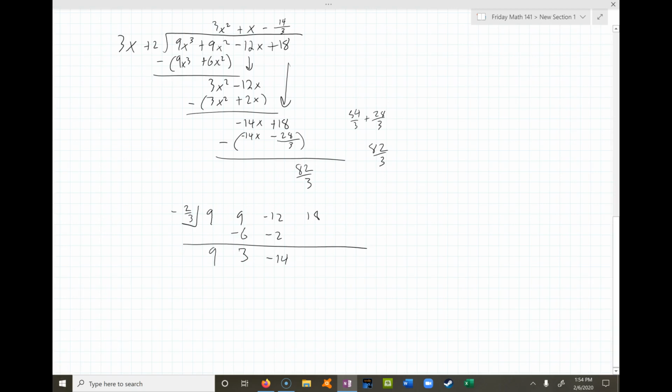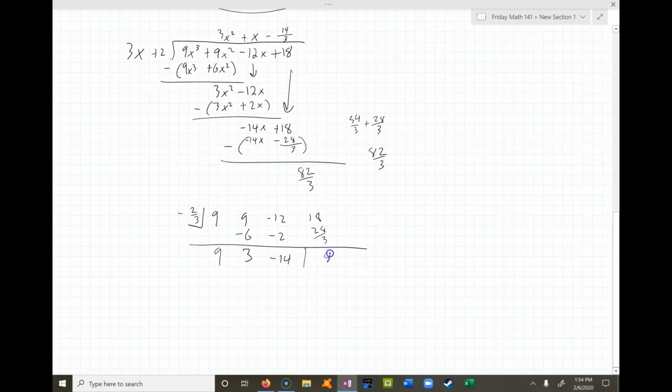And then negative 2/3 times negative 14 would be positive 28 over 3. Add those two together and I get 82 over 3. So notice that the remainder is the same, but the numbers are off.